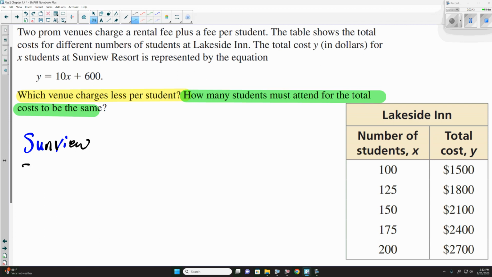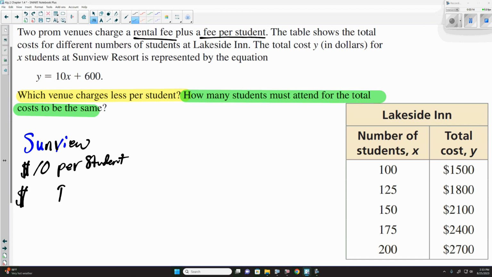Sunview charges how much per student? $10, because x is the number of students, so they're charging $10 per student. They have a fee per student, but they also have a rental fee.